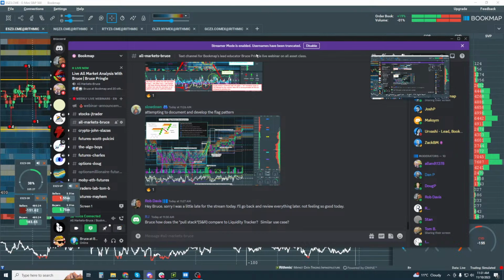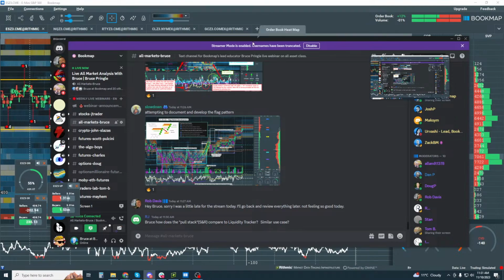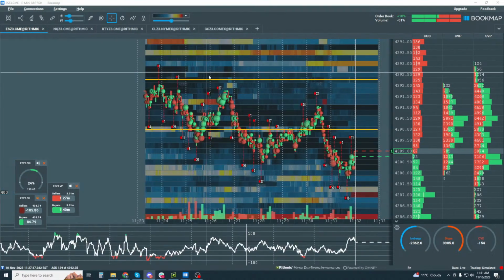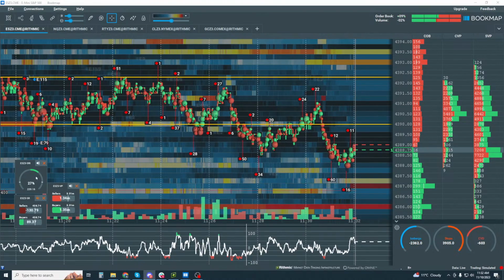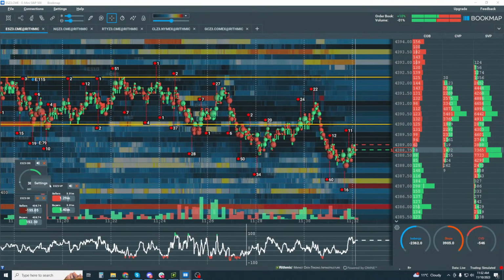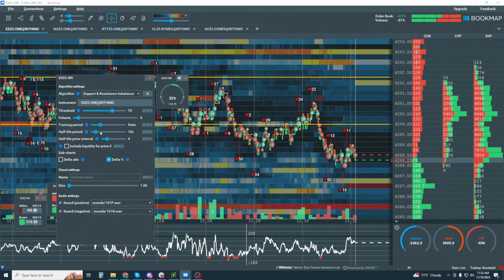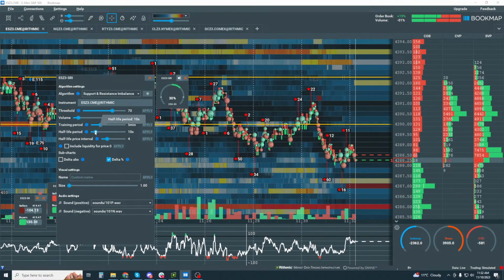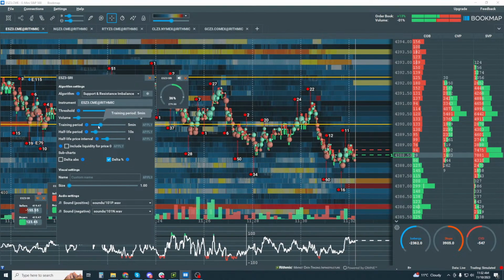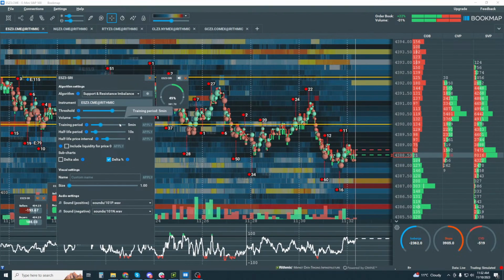It's very similar to the liquidity tracker. In fact, the Market Pulse tool is very similar to it. There is a difference, and the difference is the settings. The half-life is very similar as well, but the training period is big. It's only based on a sliding 5 minutes of data.